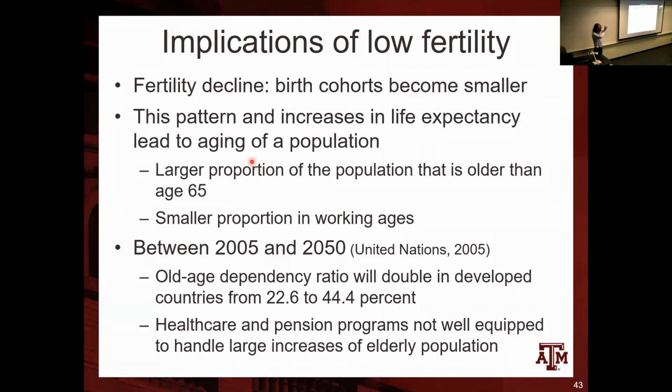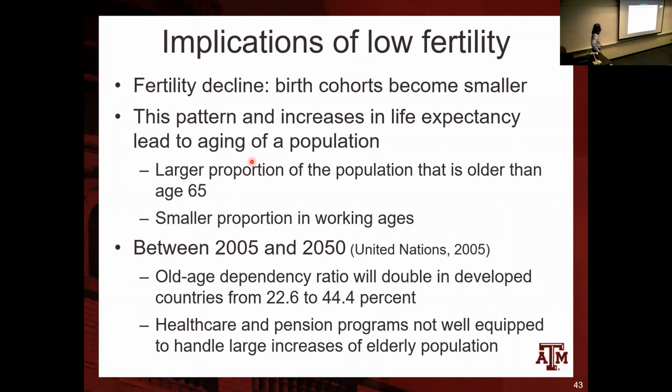We multiply by 100 to get percentage terms. And what we are saying is that overall, the old age dependency ratio in developed countries will increase from 22 older people for every 100 people in working ages to 44 older people for every 100 people in working ages.